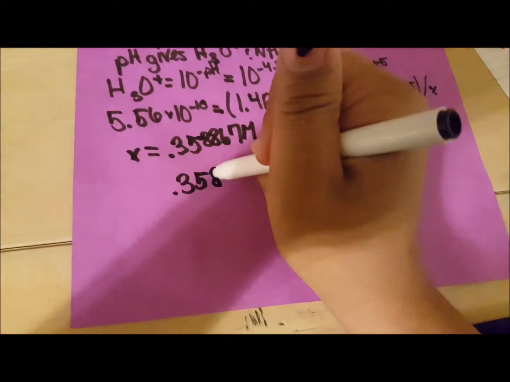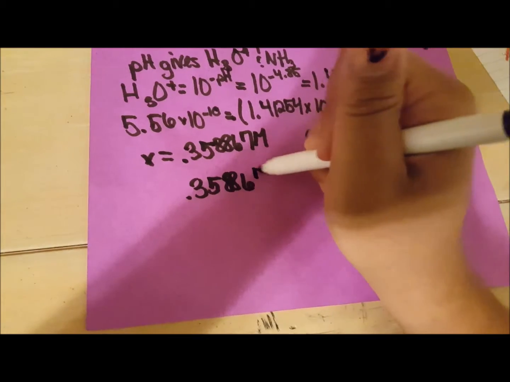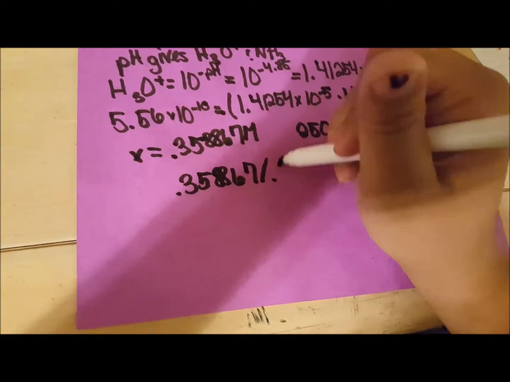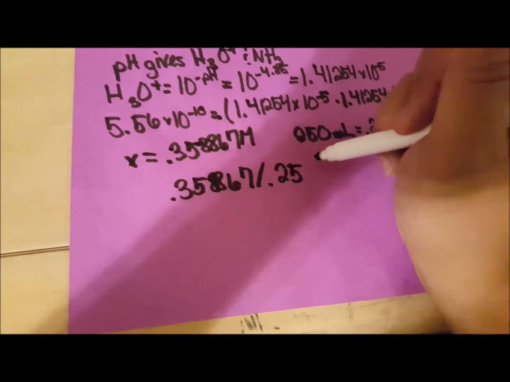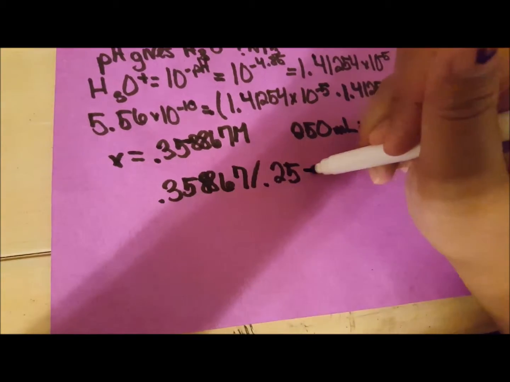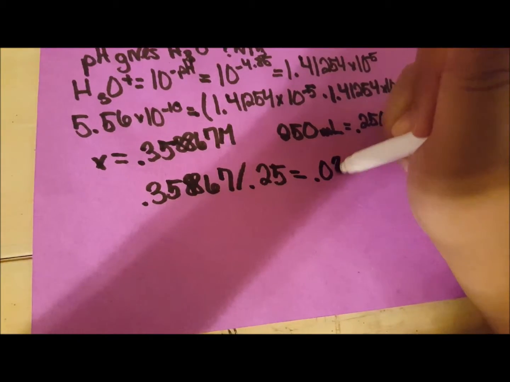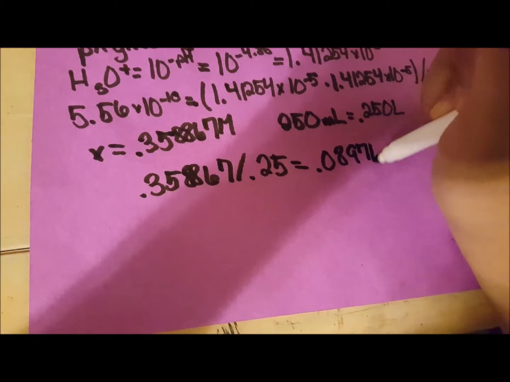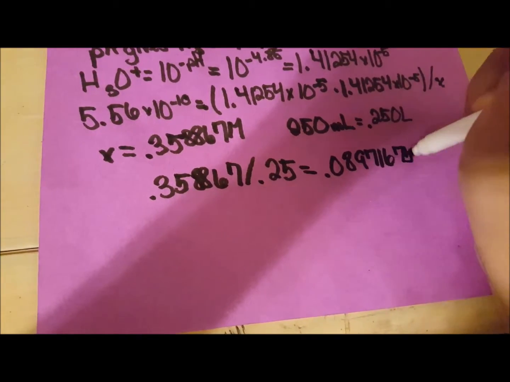So then we go ahead and put 250 milliliters into liters, which is 0.250 liters. From that, we go ahead and divide those two numbers, 0.358867 divided by 0.25, and that gives you 0.0897165.